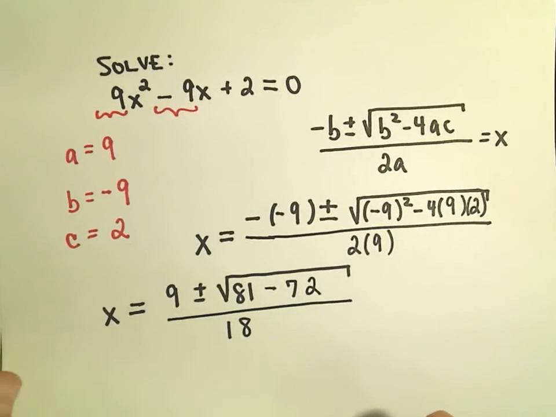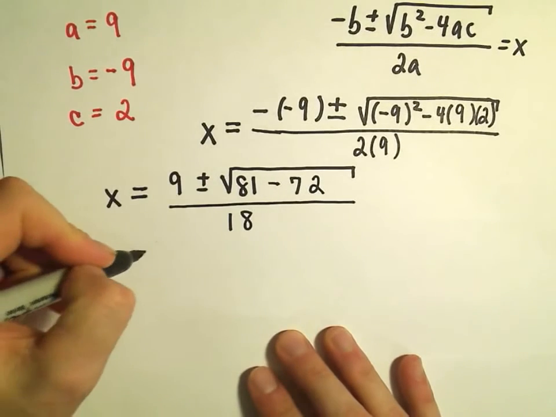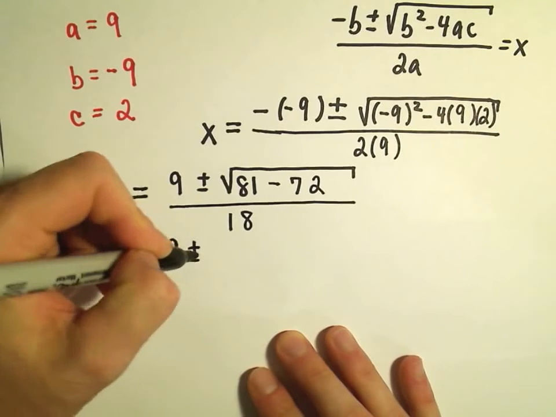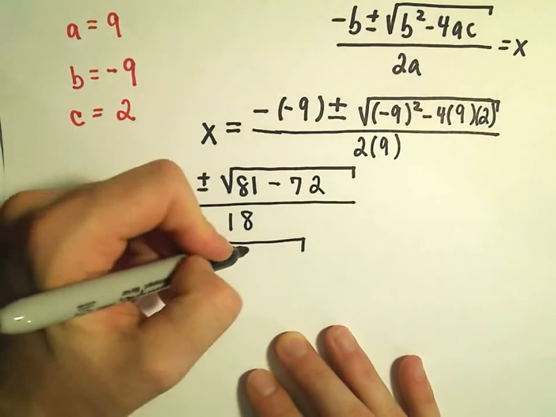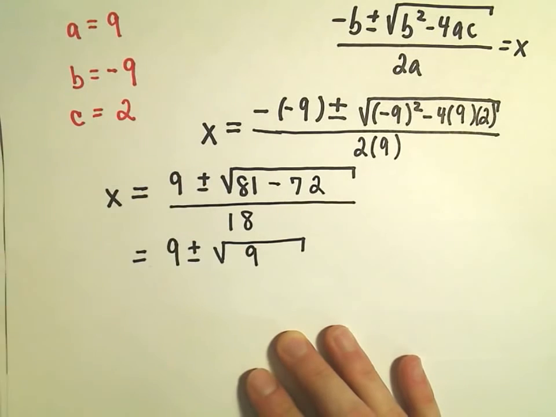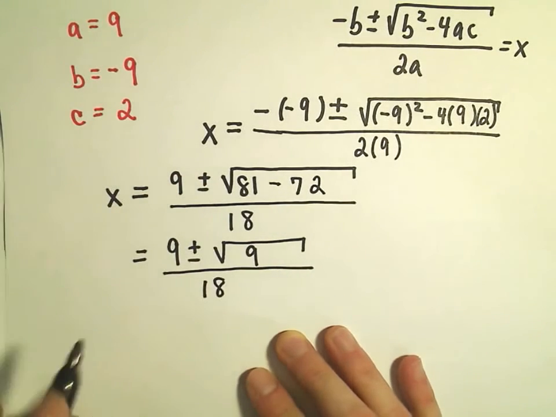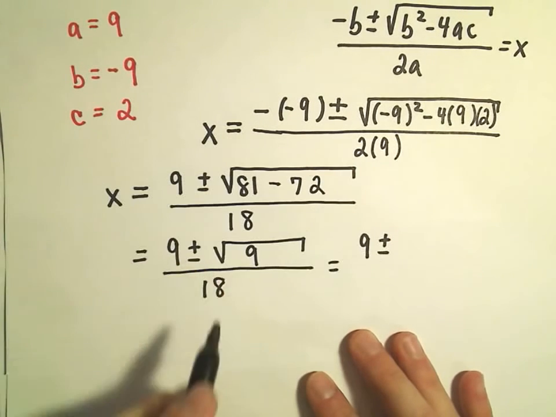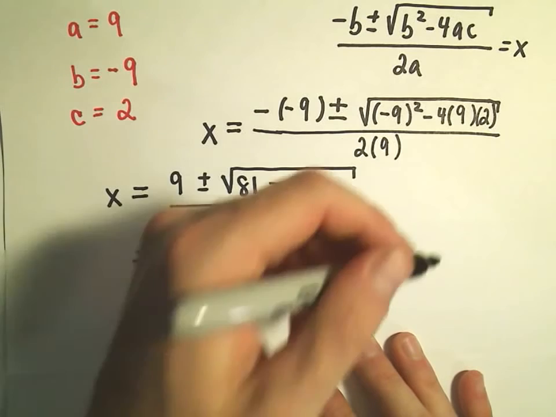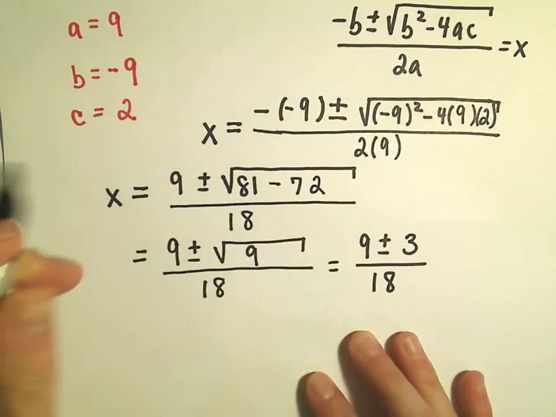So let's just keep simplifying underneath the radical. So we have 81 minus 72, which is going to be, again, 9. Lots of 9s in this problem, over 18. And now we can write this as 9 plus or minus the square root of 9, we know that that's just going to give us 3, over 18.